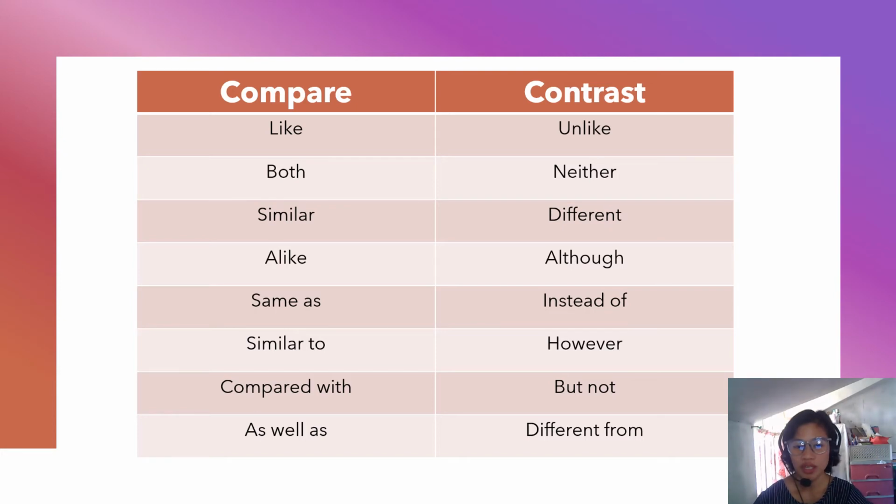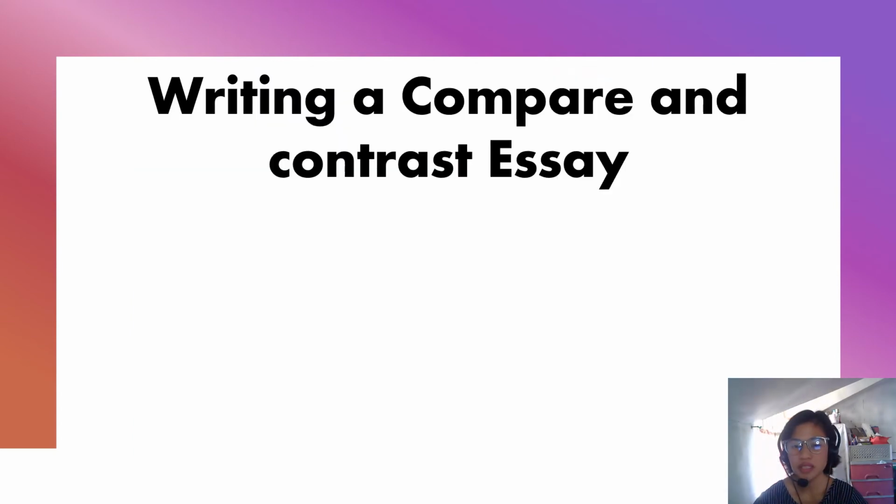And for contrast, you can use unlike, neither, different, although, instead of, however, but not, different from. In writing a compare and contrast text, you can write an essay to highlight the similarities and differences between the two subjects.